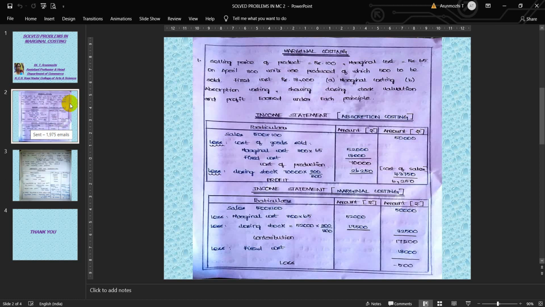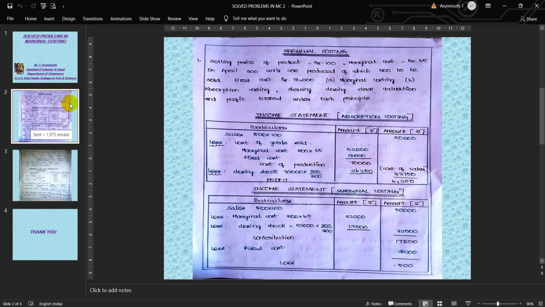As earlier, the formula which applies is sales minus your variable cost is equal to contribution, less fixed cost is equal to profit.